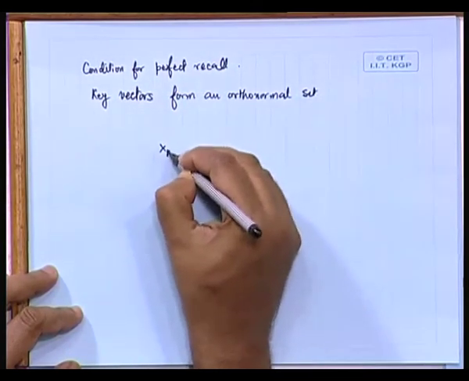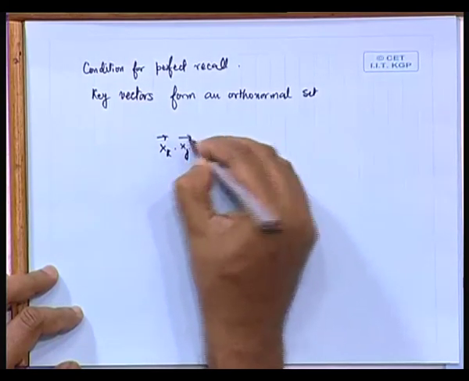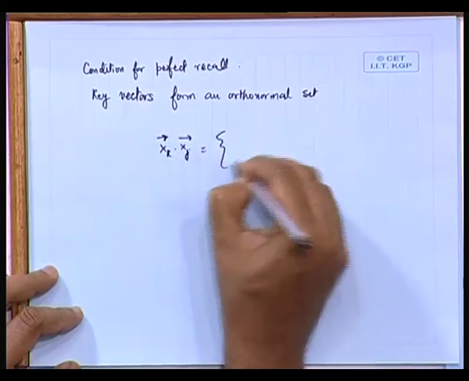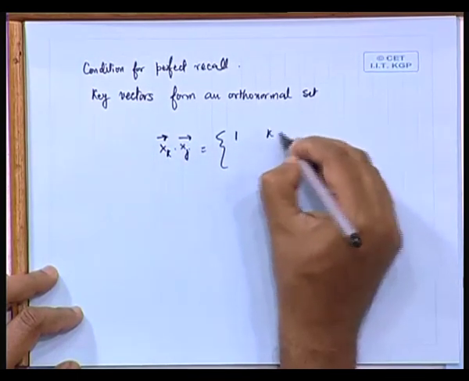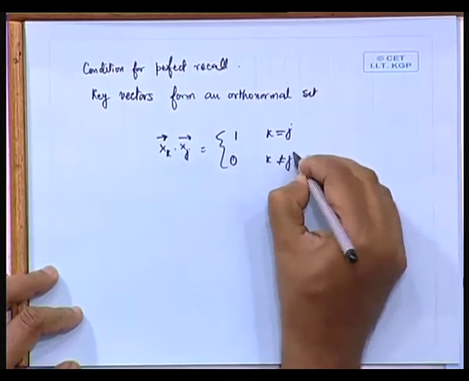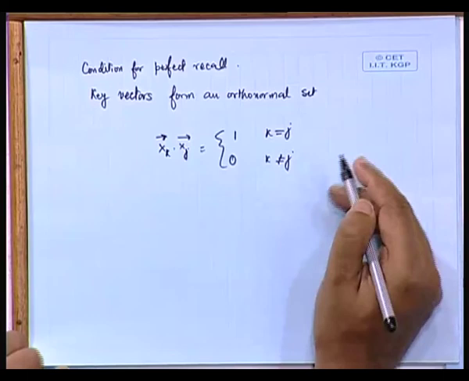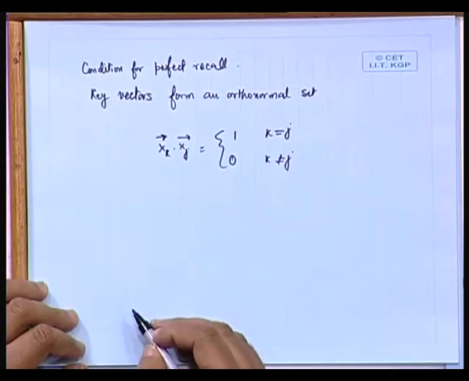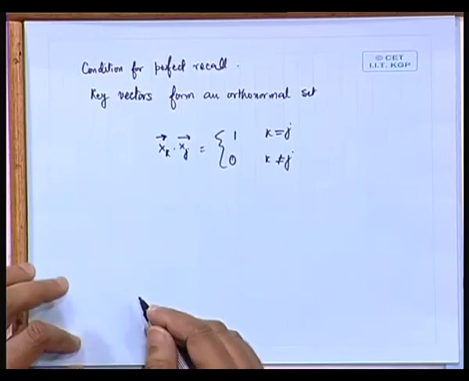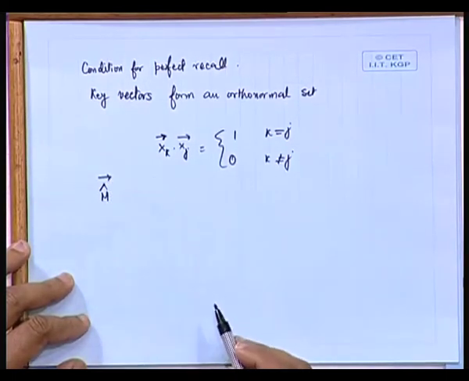So, what is the condition of the key vectors forming an orthonormal set? Just written in terms of mathematics, it is equal to 1 for k equal to j, and this is equal to 0 for k not equal to j. Now, another aspect that we should have in mind is the largest number of patterns that can be reliably stored in the matrix M cap. You remember that in the matrix M cap we are storing patterns. In what form are we storing?